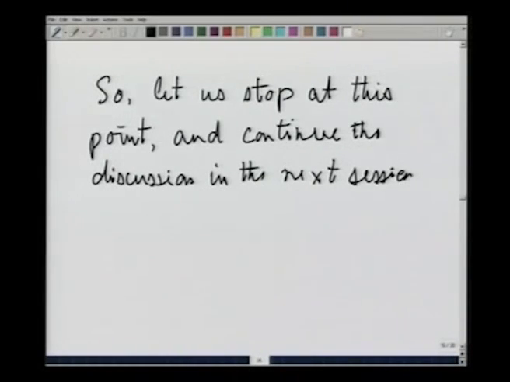So, let us stop at this point and continue the discussion in the next session.